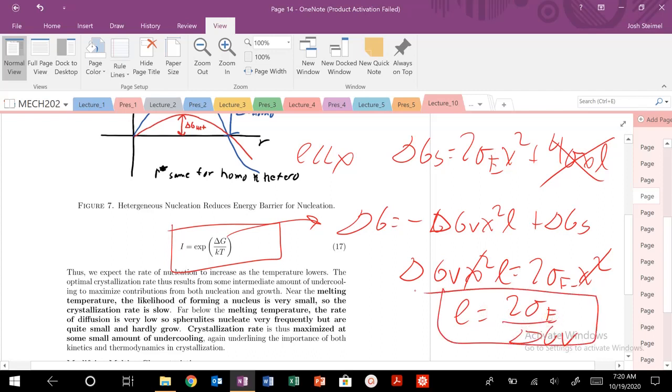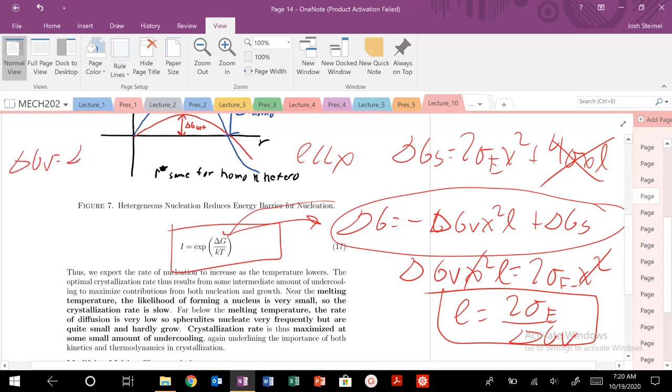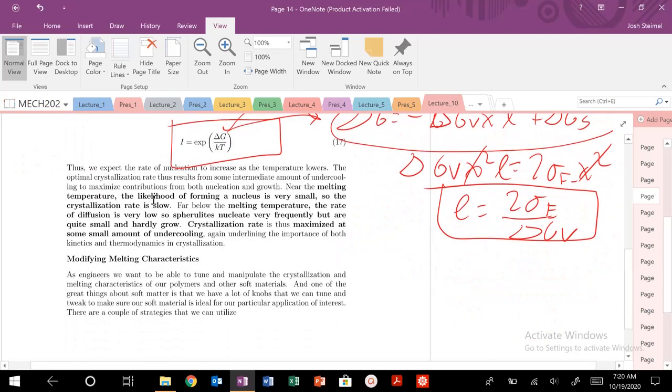Anyways, we plug this expression in here, and that is how we see that this expression is proportional, because we also had the relationship that delta GV is proportional to delta H, delta T, our undercooling, over Tm. So as undercooling increases, as our temperature decreases, we are going to increase our rate of nucleation. So that kind of makes sense.